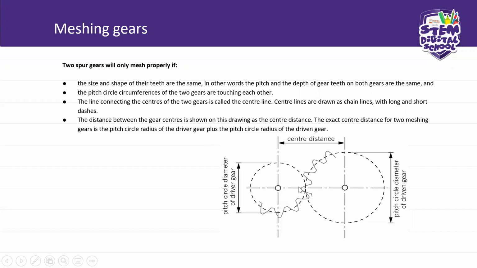I said that is important for the gear mesh. The exact center distance of two meshing gears is the pitch circle radius of the driver gear plus the pitch circle radius of the driven gear. So this becomes very important in this drawing. You must learn how to do this drawing.